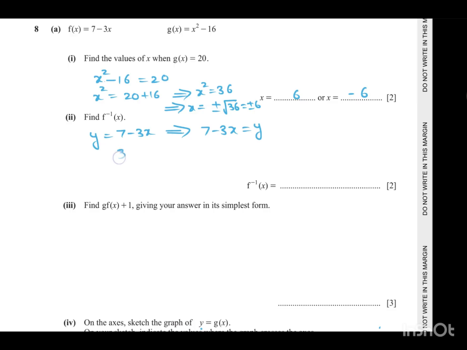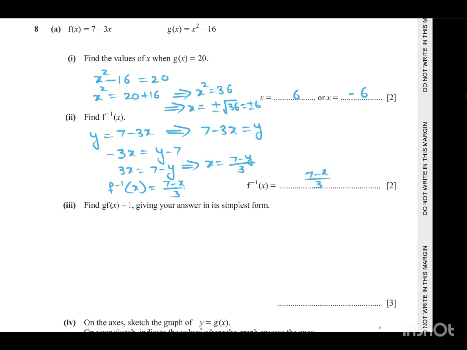So 3x is equal to 7 minus y, and this gives you x is equal to 7 minus y by 3. We got the f, just change y into x, you will get the f inverse of x function, 7 minus x by 3.